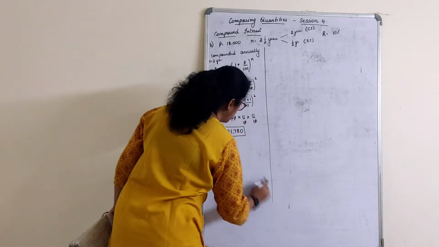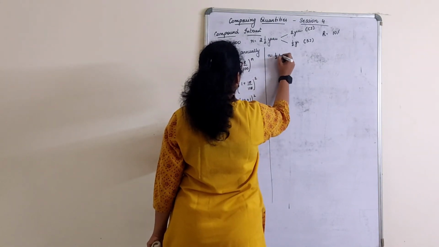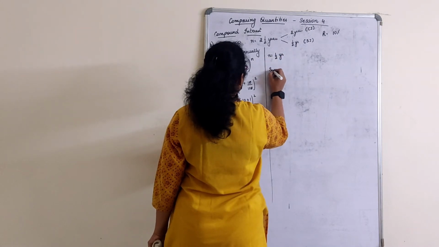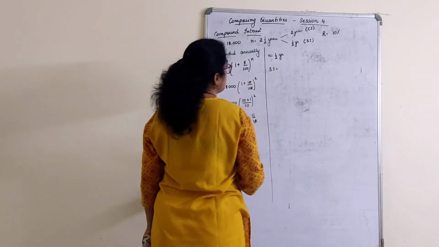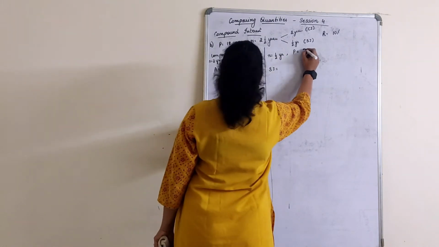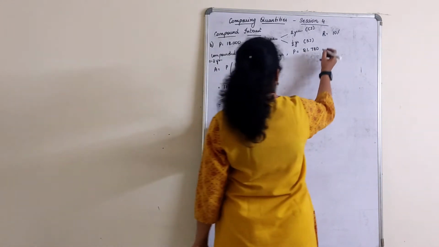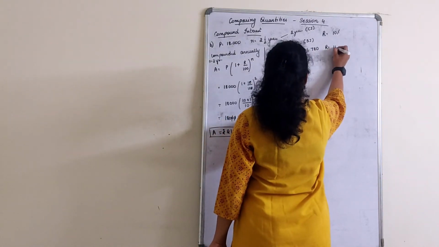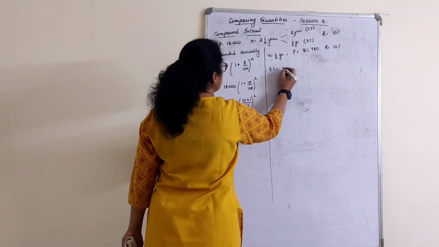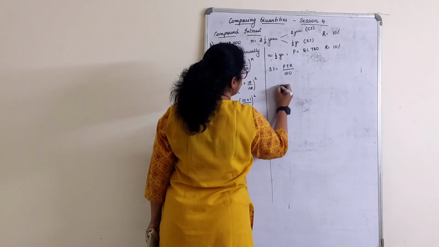Second part, what you have to do just below this, for n is equal to half year, simple interest is equal to... Now what is the principal here? Principal here is this, 21,780. Then what is the rate of interest? 10%. Simple interest is equal to PTR by 100.